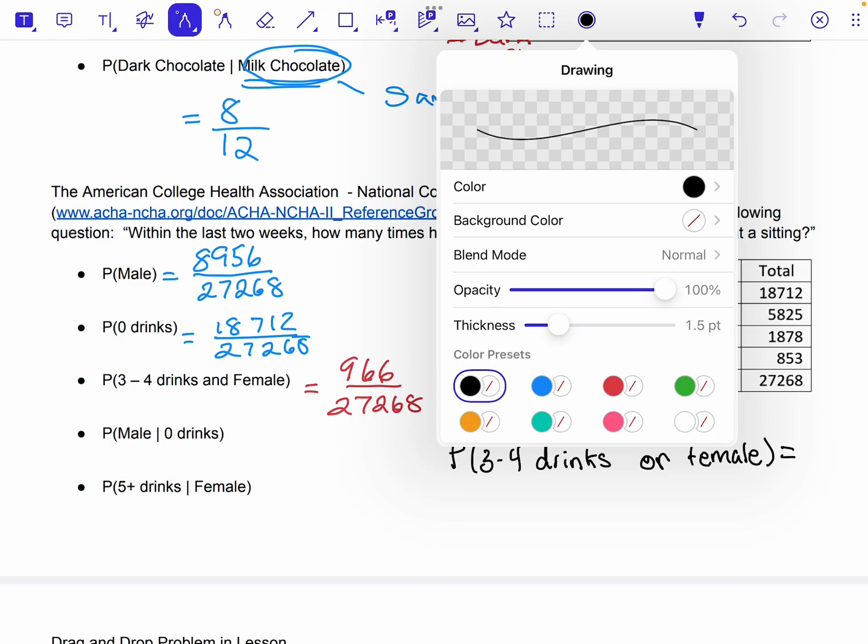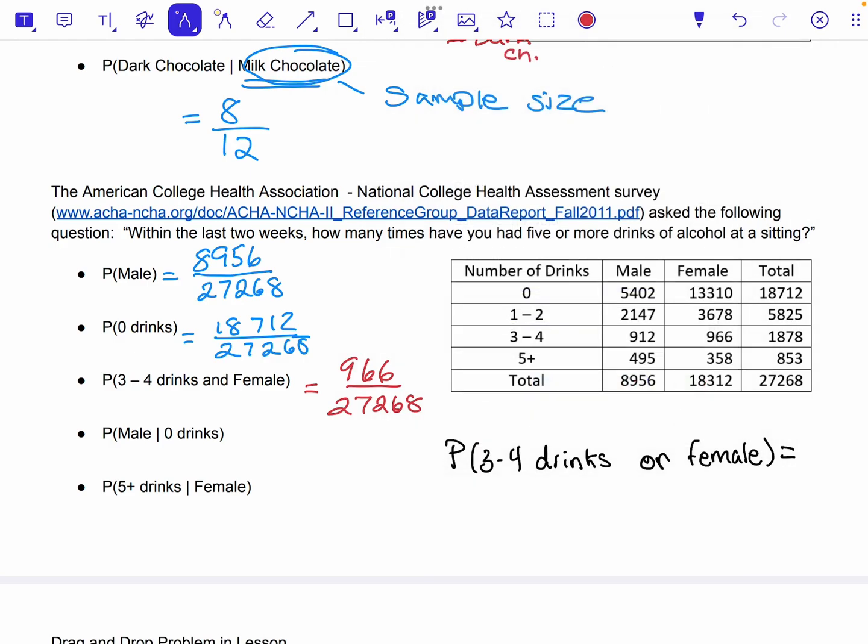So I have this number and this number. Those would be my 3 to 4 drinks. And then those would be all my females. And so I just need to add up all 5 of those numbers together, and I would get 19,224. And that's still out of my total 27,268. And that way I didn't have to worry about overlapping. I just added my individual boxes. It's similar to how I approached the Venn diagram problem.